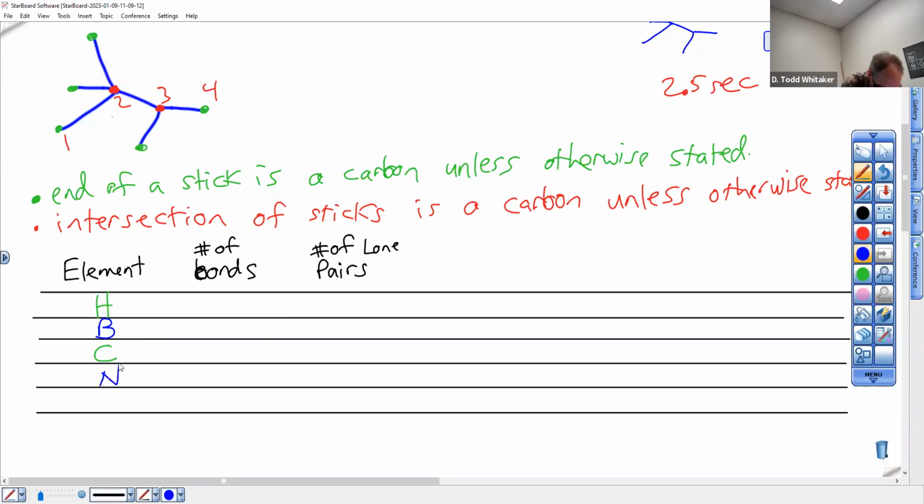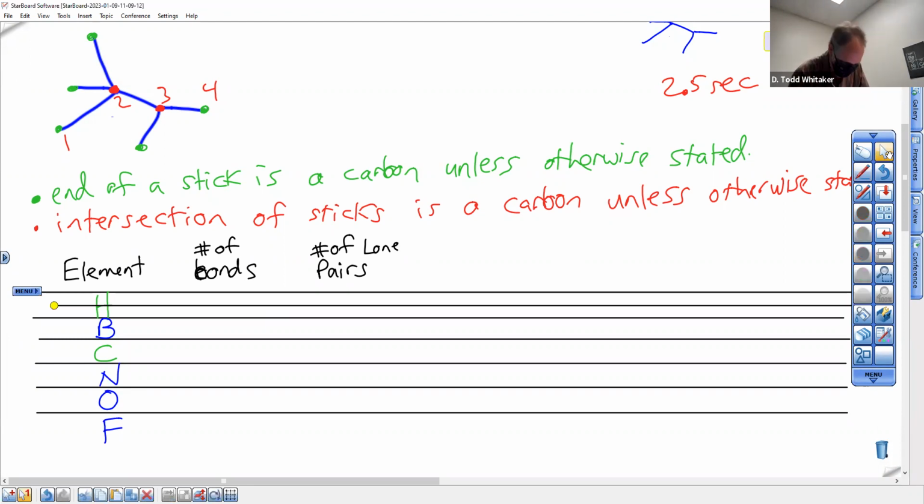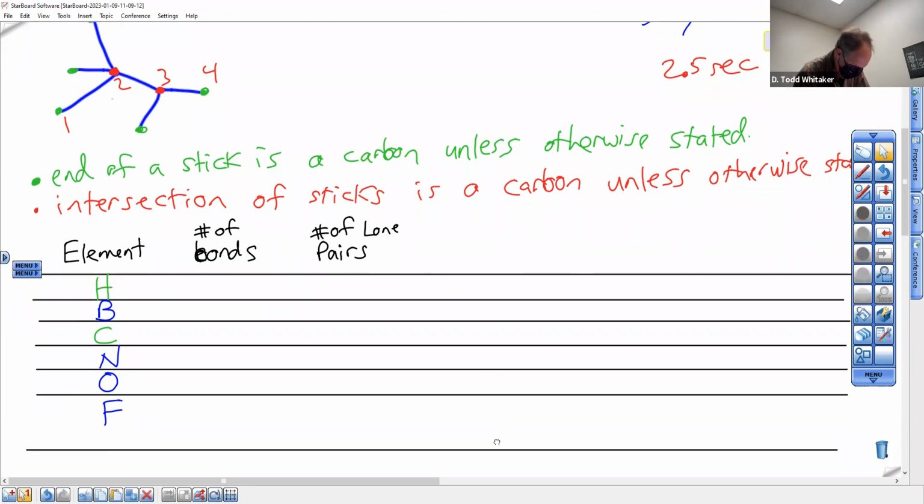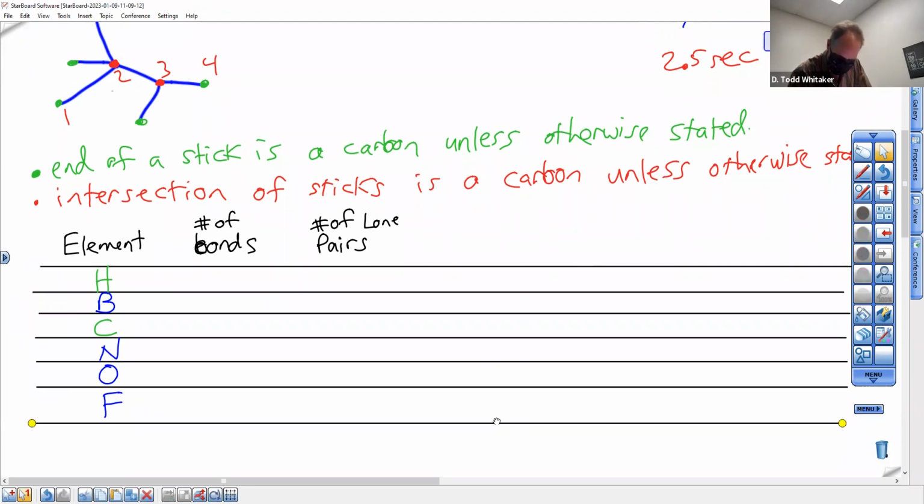And then oxygen? And then fluorine. I'm going to put fluorine. Yes, sure. I'm going to leave that. Sorry. Need a bottom to my table. Need some vertical lines.